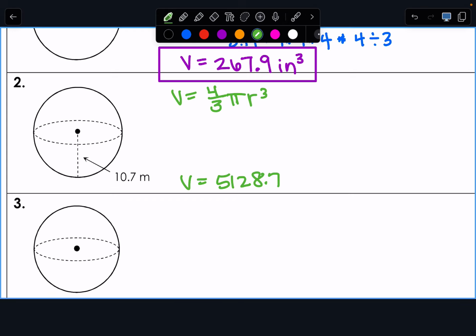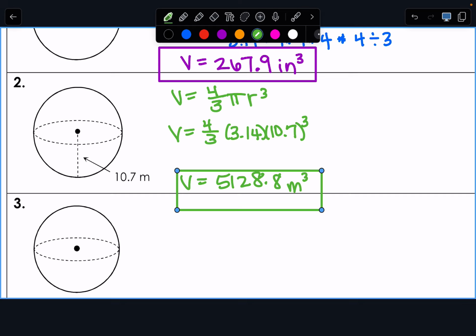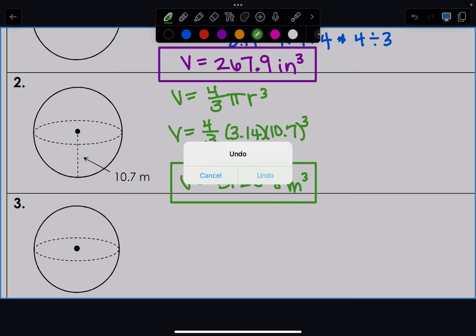Then yes, it is. Is it 0.8 or 0.7? 0.8? Yeah. Okay, so we have 3.14 times 10.7 times 10.7 times 10.7 times 4 divided by 3, and you should be getting 5,128.8. Does that sound fair? Meters cubed. Thank you, Kaylee. I forgot what it was.